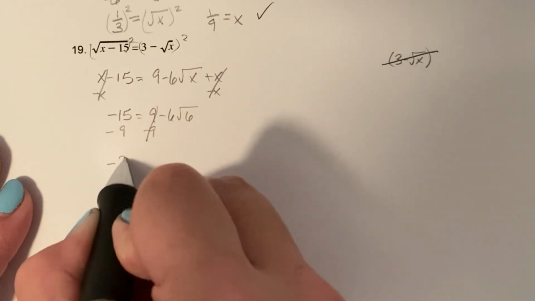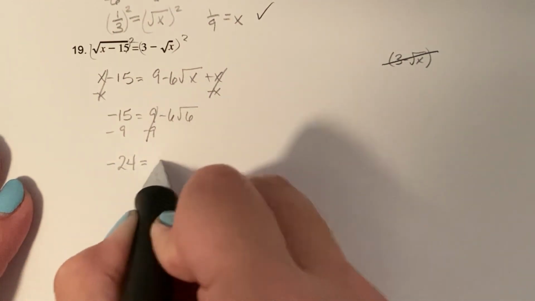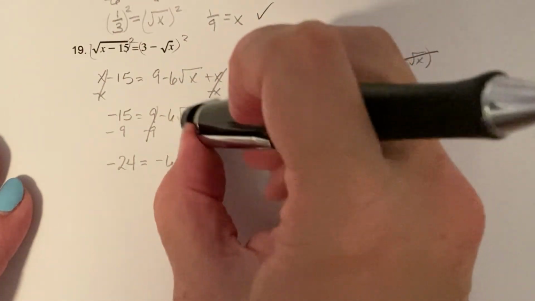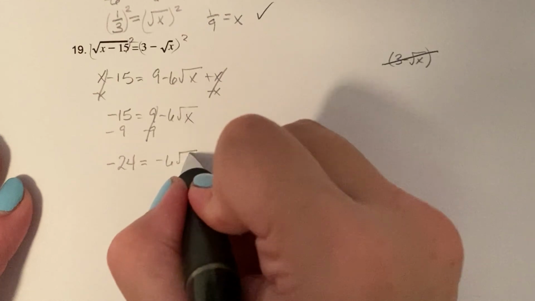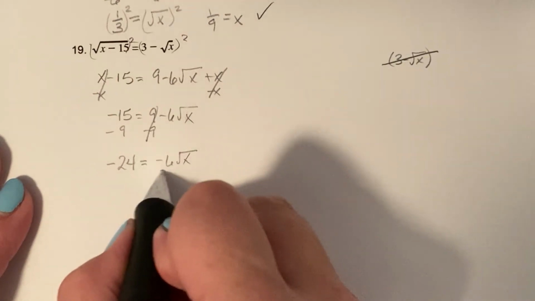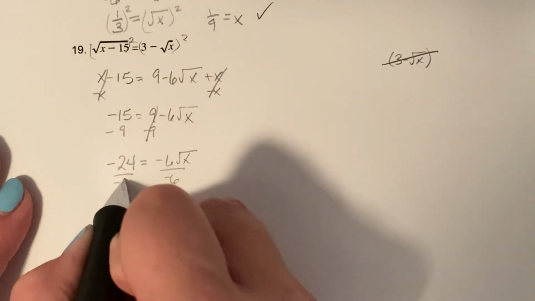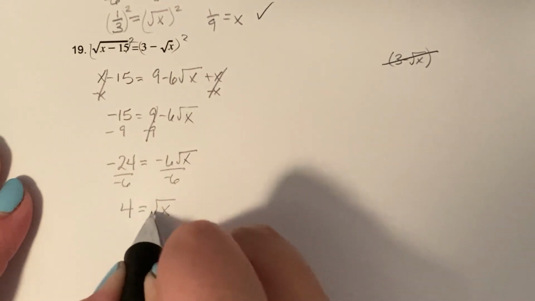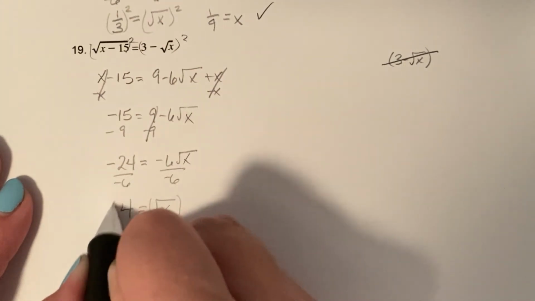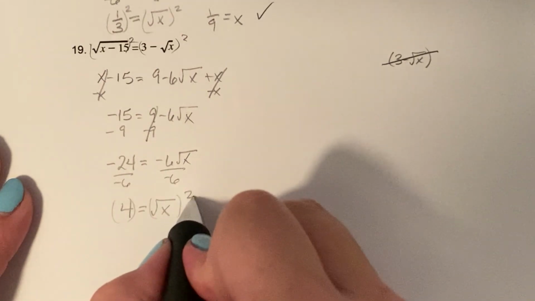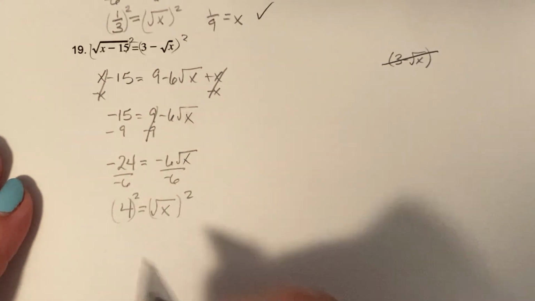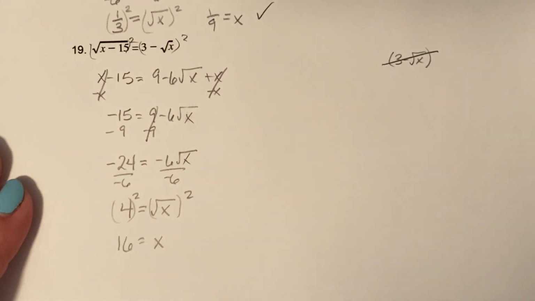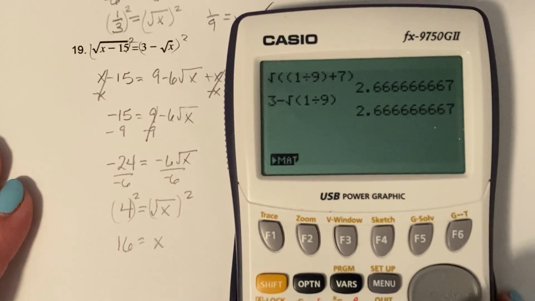Negative 24. Negative 6 root x. Divide by negative 6. 4 equals root x. And now to get rid of that root, square both sides. So 16 equals x.